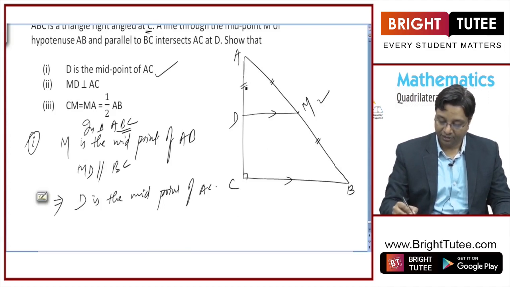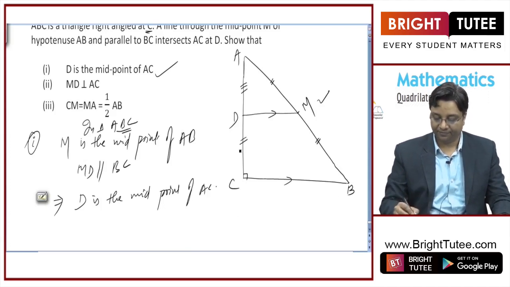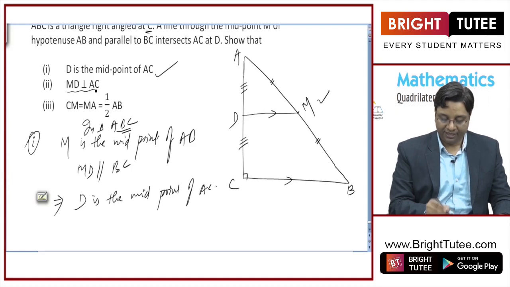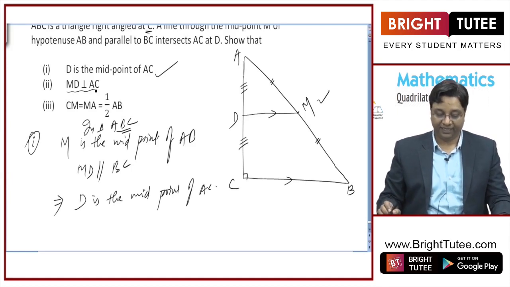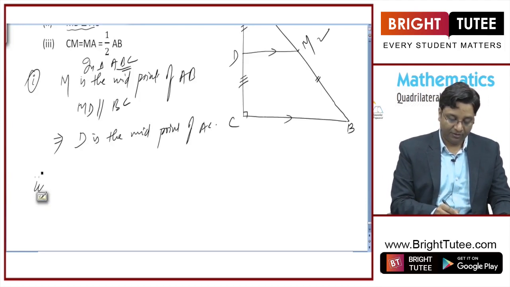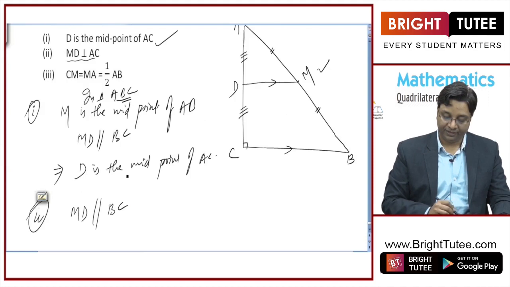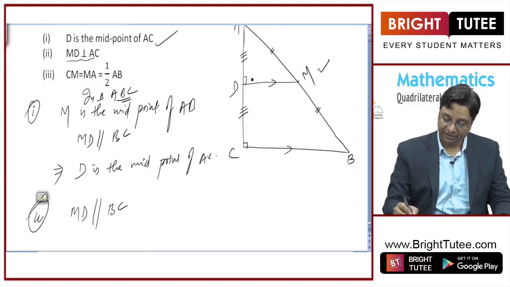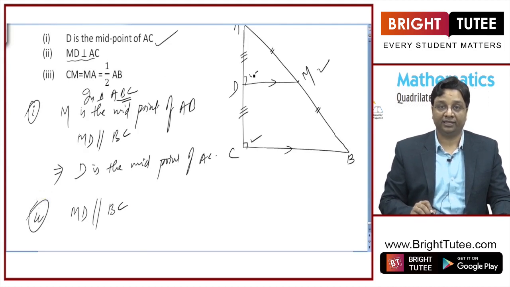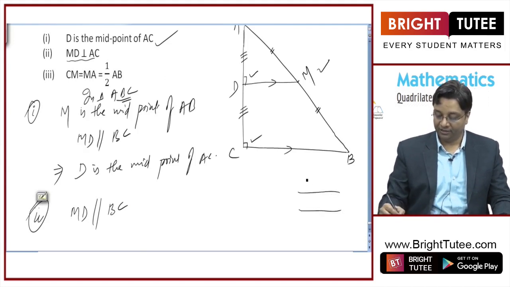Now D is the midpoint of AC, and MD is perpendicular to AC. I know that MD is parallel to BC, so this angle here will be equal to this angle. Why? Because these are corresponding angles: two parallel lines and a transversal.